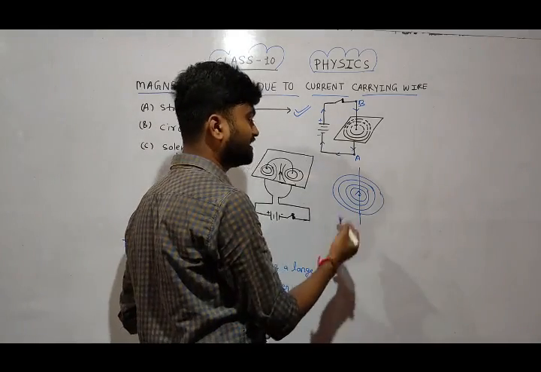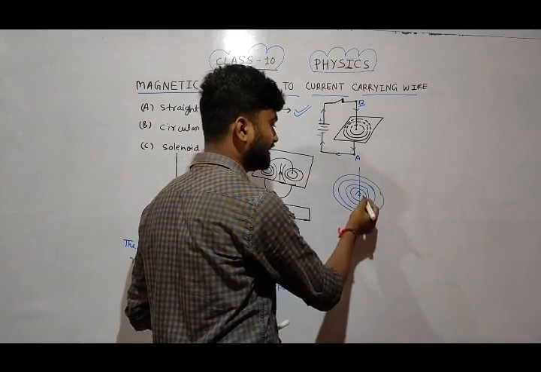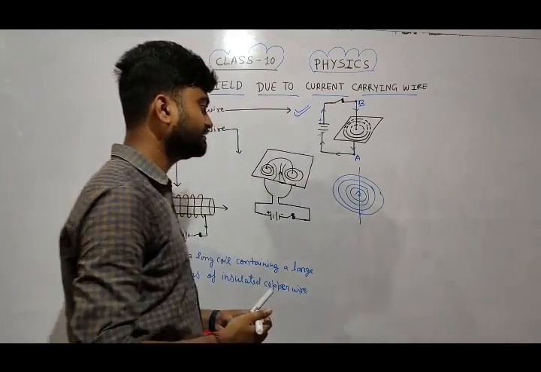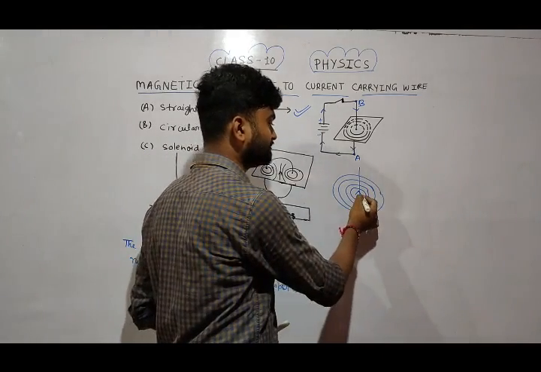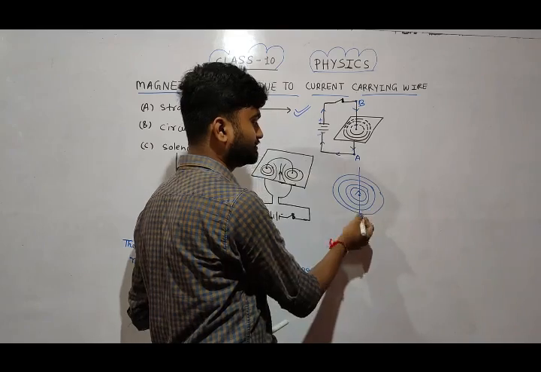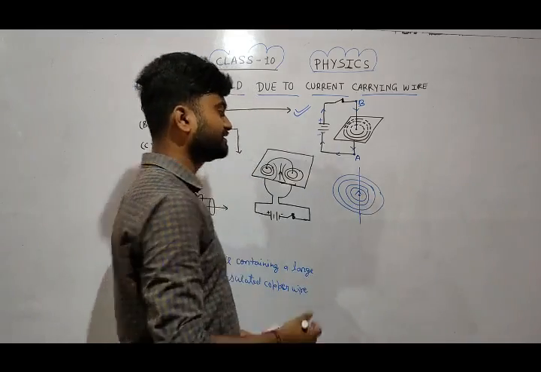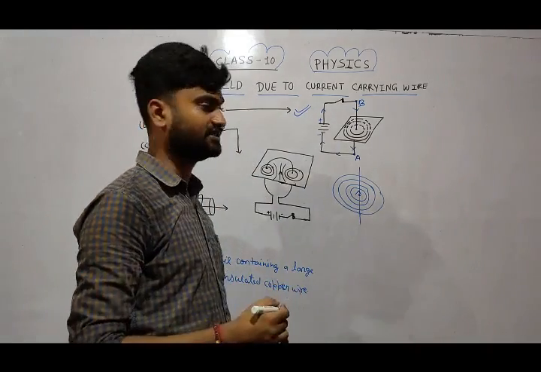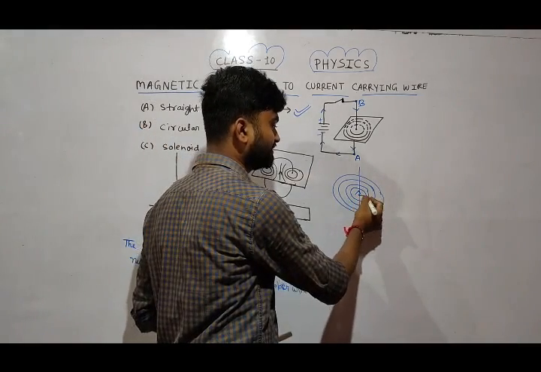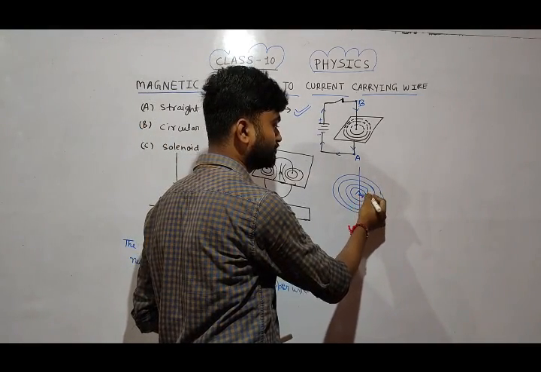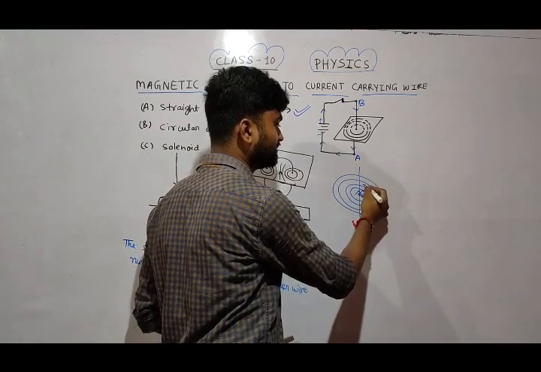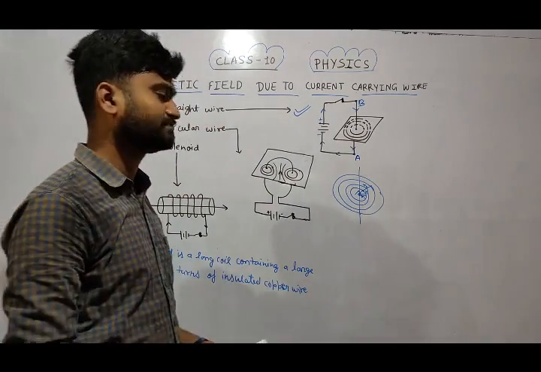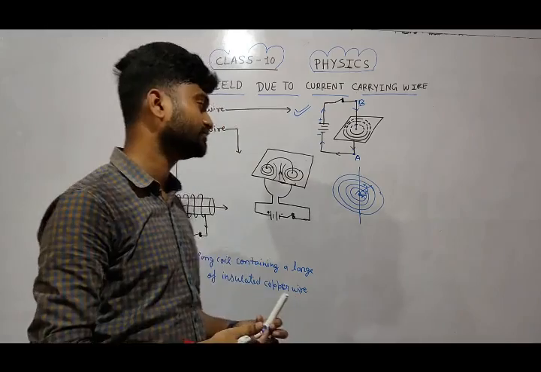So the strength of magnetic field lines can be stated by the radius of the line of forces. Let us say this is R1, this is R2, this is R3. It is not in your syllabus, but it can be asked in MCQ type questions.